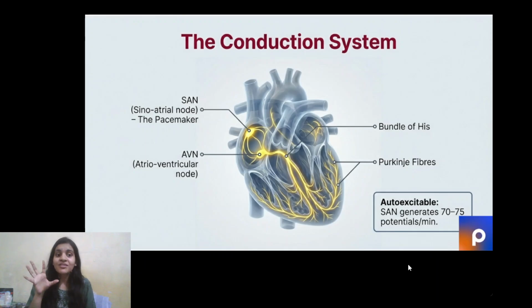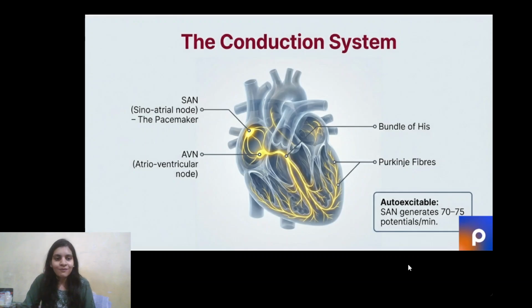It usually generates around 100 impulses on its own, but your body keeps it under control, so it normally generates around 60 to 70 impulses per minute, and that is our normal heart rate. Then on the right bottom corner of the atrium, we have the AVN, the atrioventricular node. So the impulses travel from the SAN to the atrioventricular node.